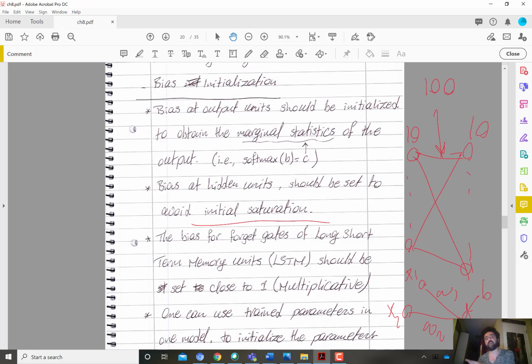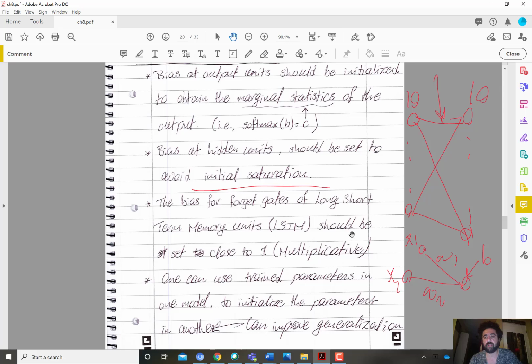Why? Because I want that small positive value to push the ReLU into the active region, right? Remember, the ReLU is inactive whenever the value is negative. So if W1 X1 plus W2 X2 plus B is negative, then it's not active. At the start, I want it to be active. So the W's are small random values, but the B is a small positive value, so that you avoid initial saturation of this unit.